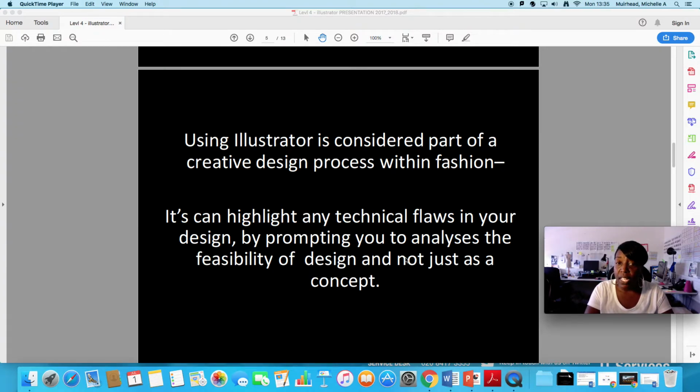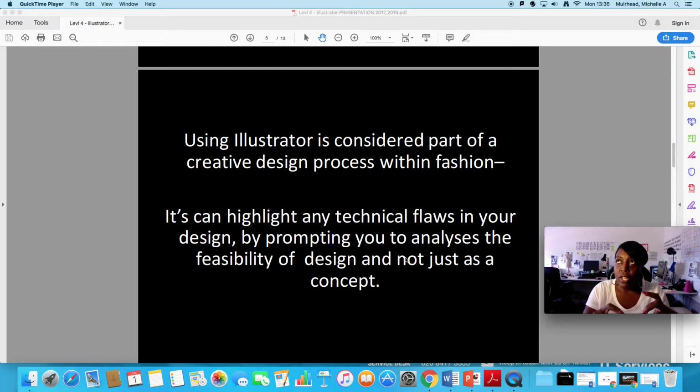You can use it, as I said, to design prints, etc. But also, when you're drawing your garments, you can start working out how you want things to look. You might have something drawn by hand and then realize, oh, actually, it might be quite nice to put this detail in, because you're now looking at how it's constructed.